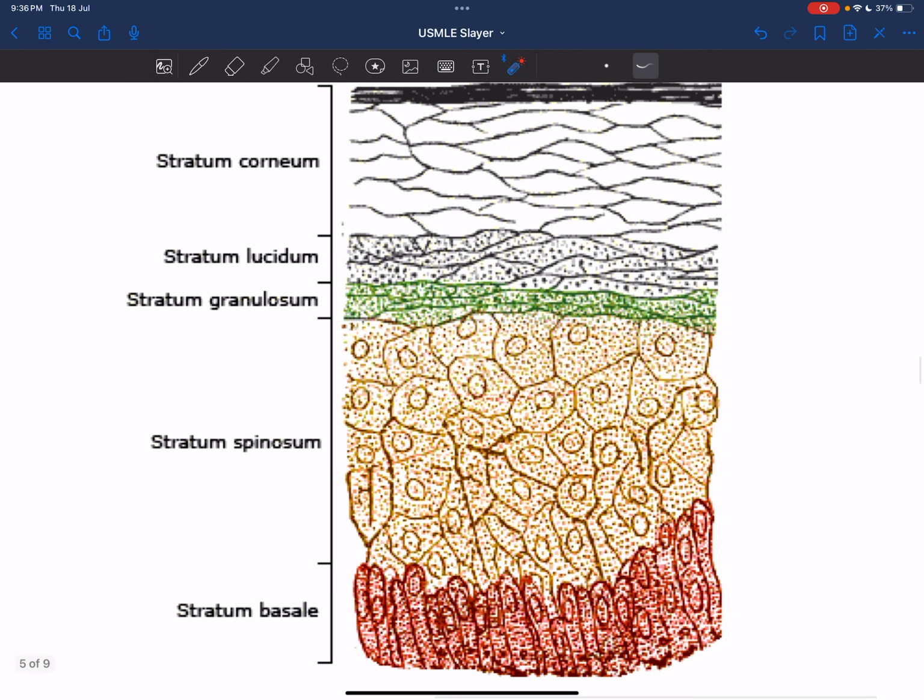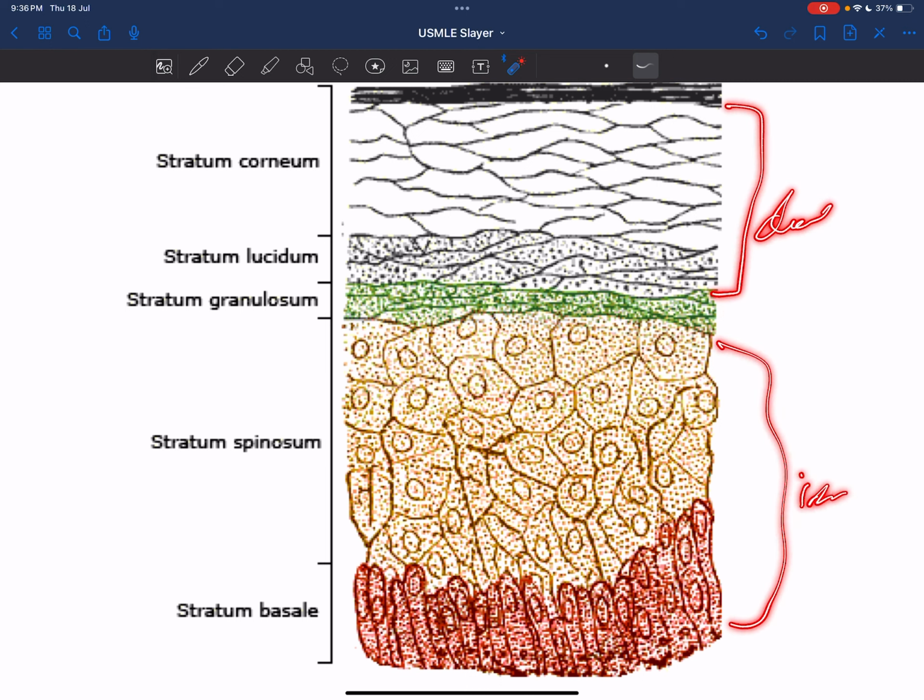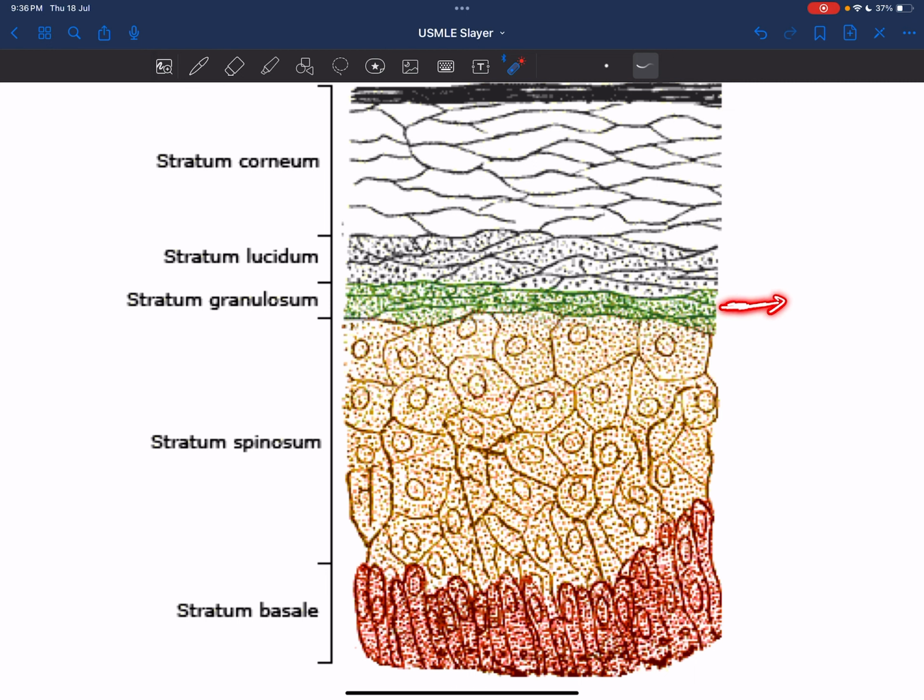As you can see, right now we're starting to get into the important stuff, so let's focus. These are dead cells, and these are important cells, let's call them. What is this going to act like? This is acting like a barrier, correct? So granulosum. What does it remind you of? It reminds you that it contains granules. And what do these granules do?